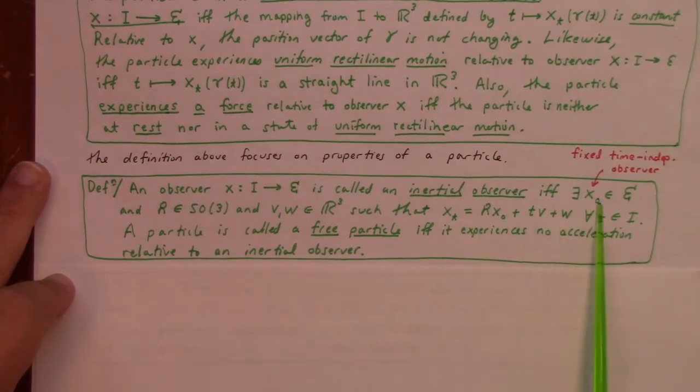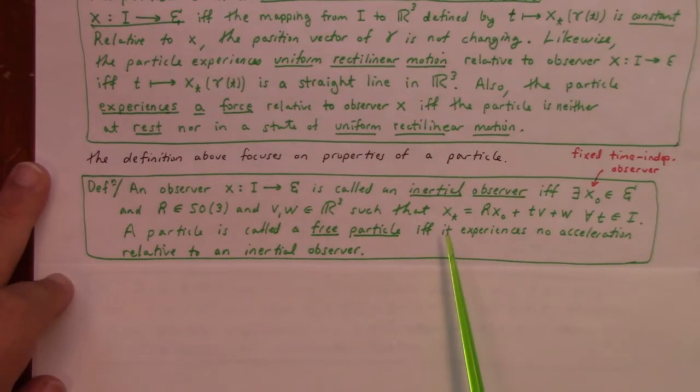So what it's saying is an inertial observer is related to a fixed observer just by a particular rotation paired with a constant velocity shift. All right, because here v and w are not functions of time, they're just fixed.